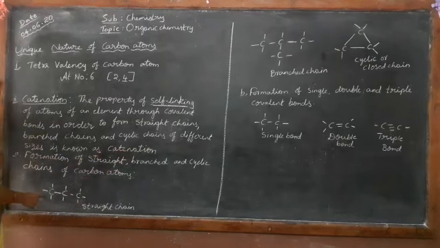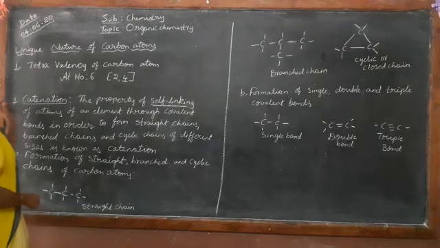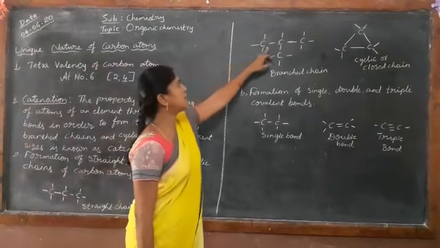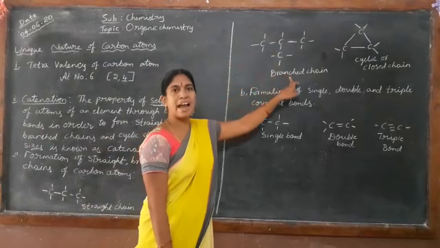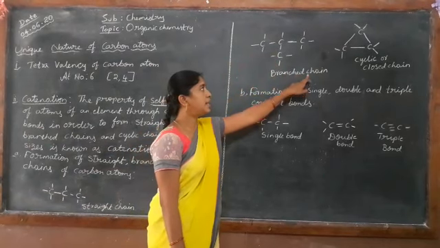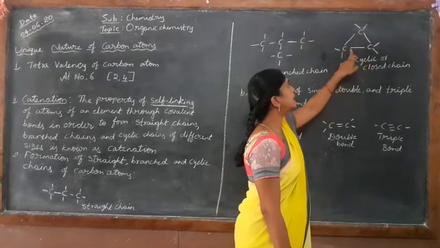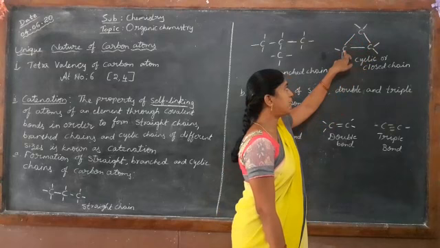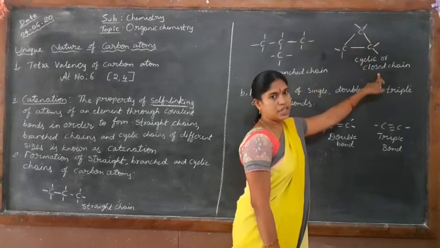If you see this example, carbon is linking to itself through a single chain. And here, again carbon is attached to itself in a branched manner. And here, the carbon is attached to itself in a cyclic manner. This cyclic manner is also called a closed chain.